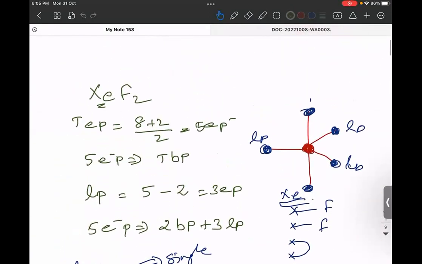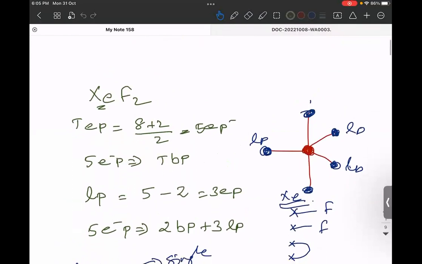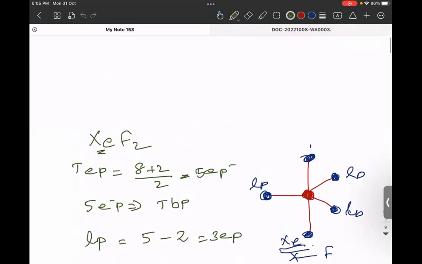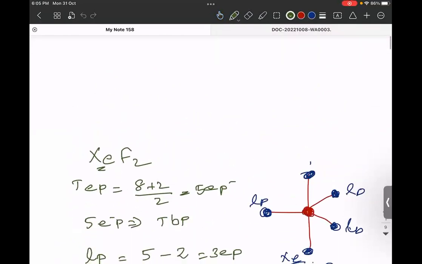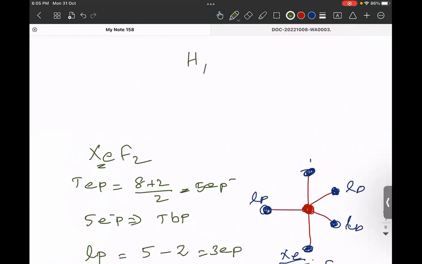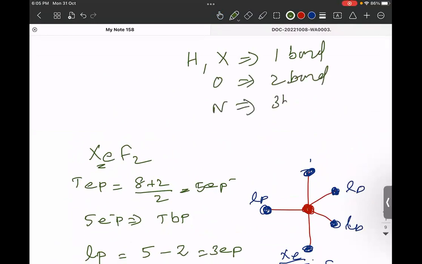So first you remember, if it is hydrogen or halogen, it gives a single bond. Oxygen, double bond. And nitrogen, triple bond. You keep it in mind.